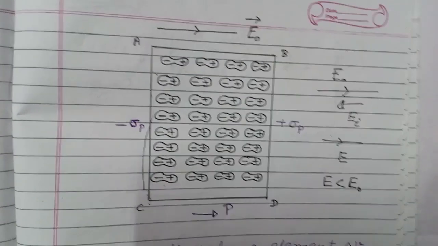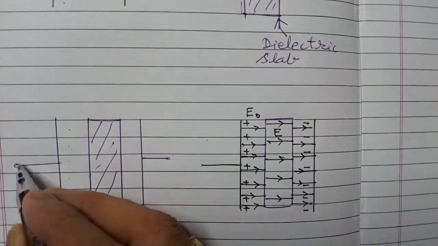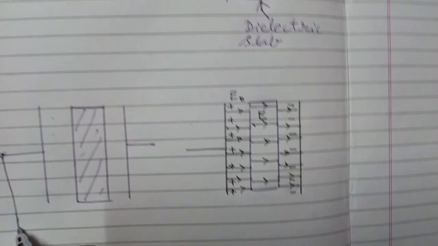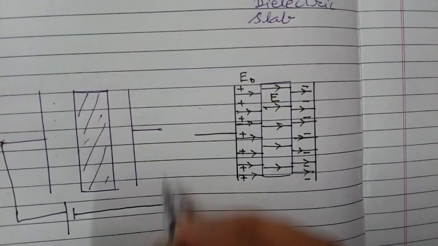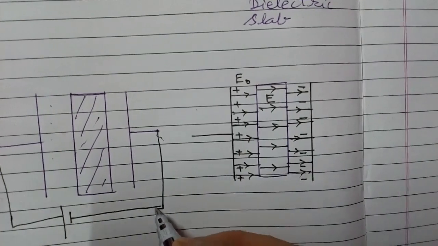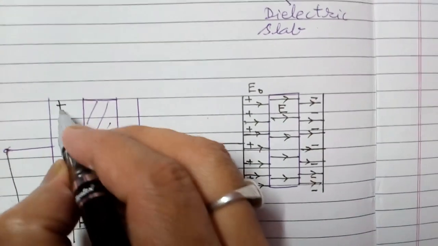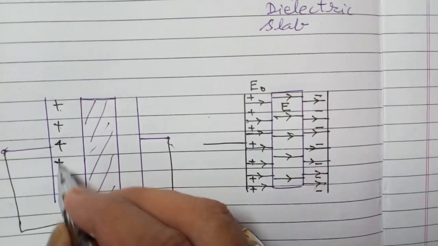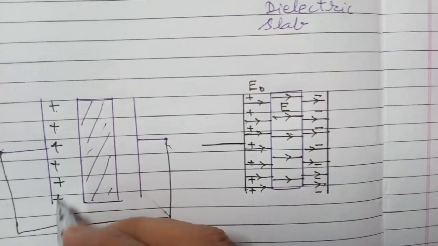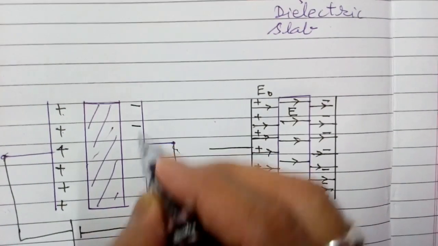external field. Now when we connect this terminal to positive terminal of battery and this to negative, then this plate becomes positively charged and this becomes negatively charged.